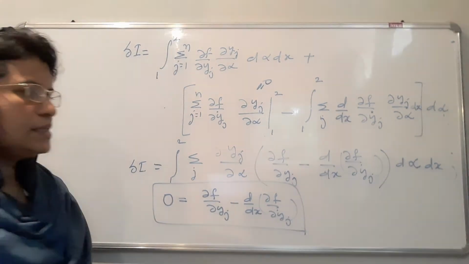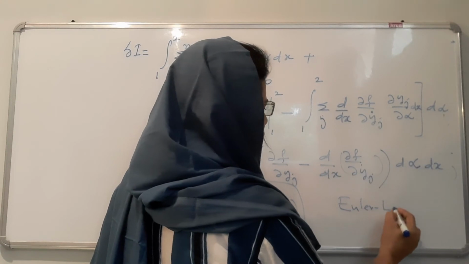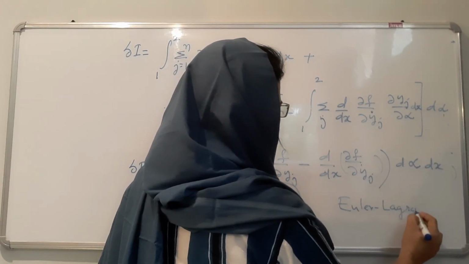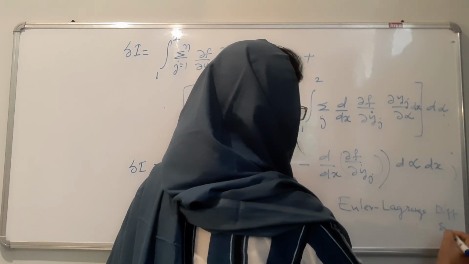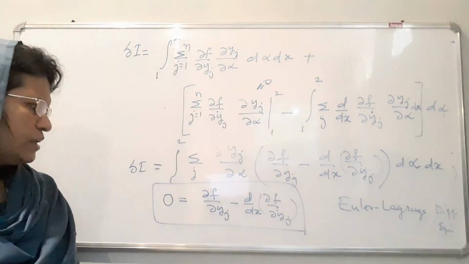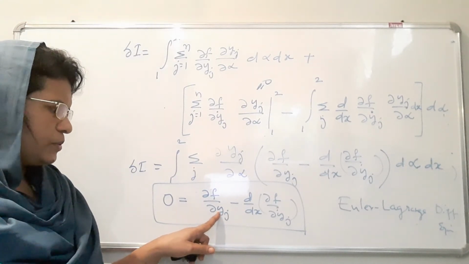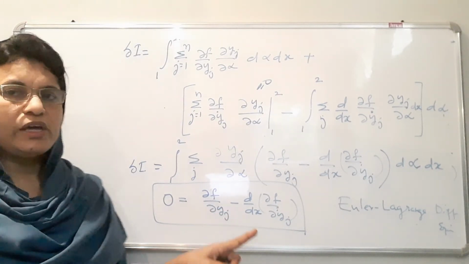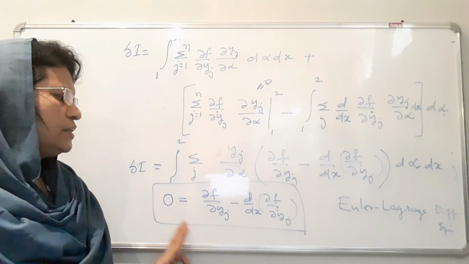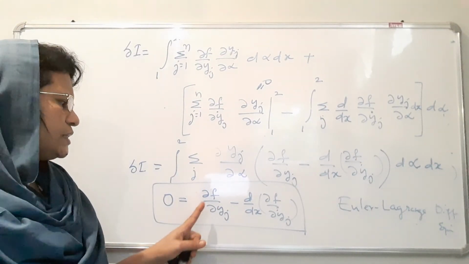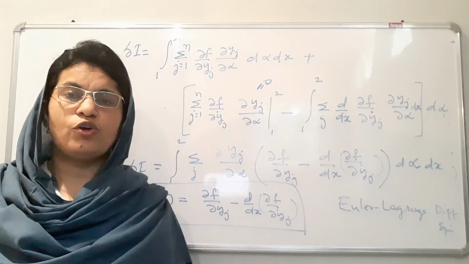This equation is called the Euler-Lagrange differential equation. This is a one-time equation in which we are taking values y equal to y1, y2, y3, etc. And for the generalized problem, we can write ∂f/∂yj minus d/dx of ∂f/∂yj dot is equal to 0.